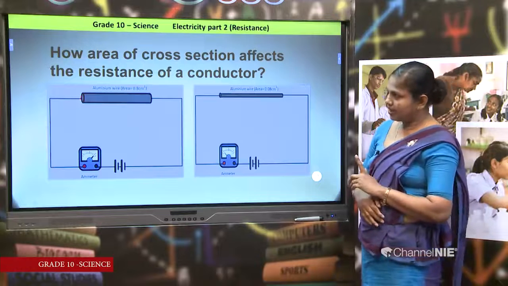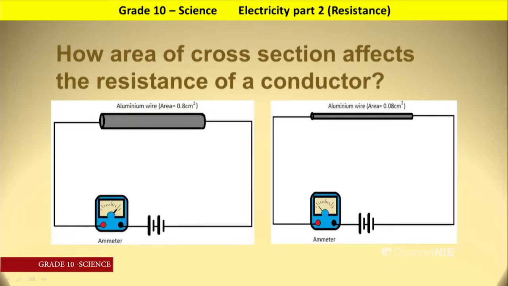What can you see? Here there are two conductors of the same length, but there's a difference. One conductor has a high diameter, that means high cross-sectional area, and the other one is low. Then which ammeter shows a greater reading, children?